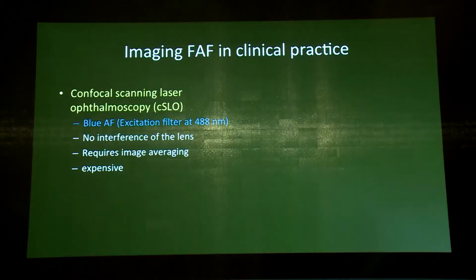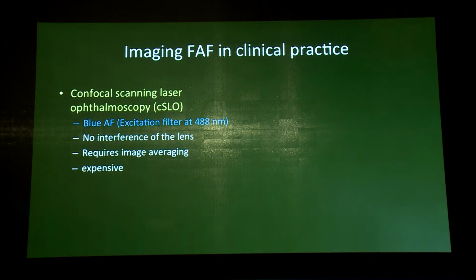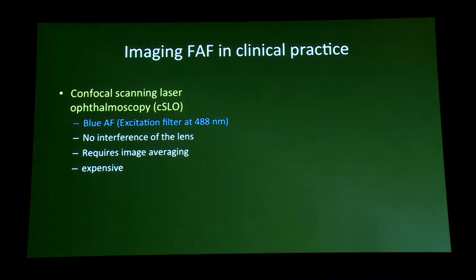With the confocal scanning laser ophthalmoscope, we generally use a blue light. This is a technology, for instance, available on the Heidelberg. The light is shined on the eye, on the fundus, and it basically goes through a pinpoint to the retinal pigment epithelium, and then the light that is reflected back comes through a pinhole to a detector, and only the light coming from the retinal pigment epithelium is able to go through the pinhole.